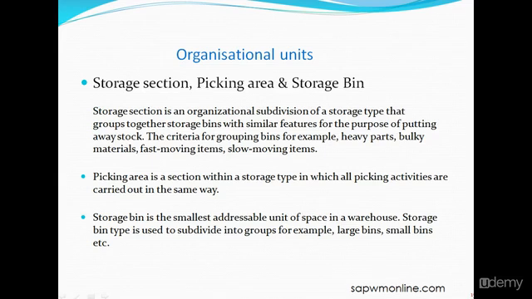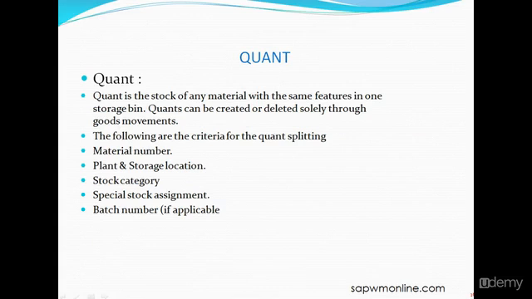Quant. A quant is the stock of any material with the same features in one storage bin. Quants can be created or deleted solely through goods movement. So whenever you post a goods receipt at an IM level, at a WM level, a quant is generated.